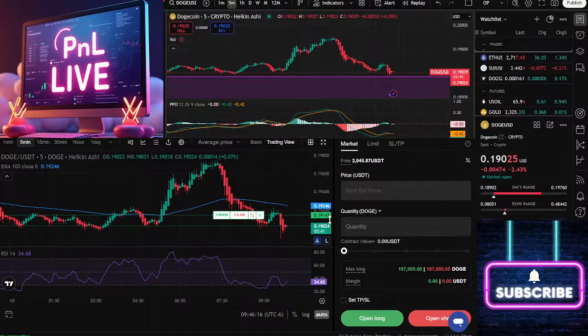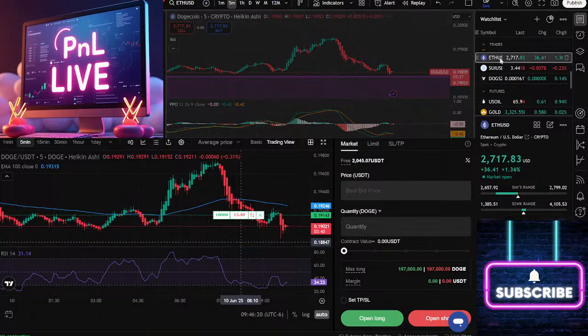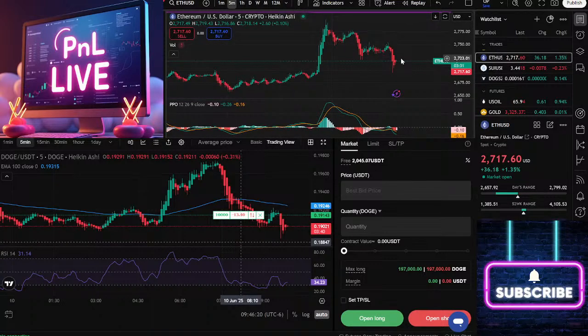I wonder what ETH is looking like right now. Because ETH was looking like a good entry too. Sui was looking like a good entry. Which one was looking like a good entry?